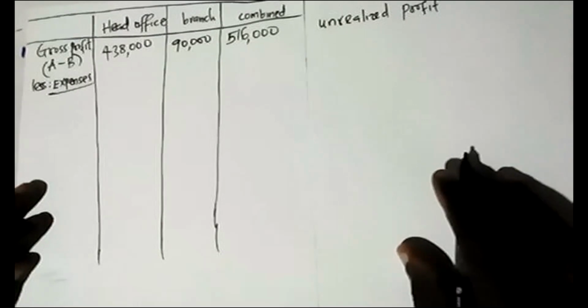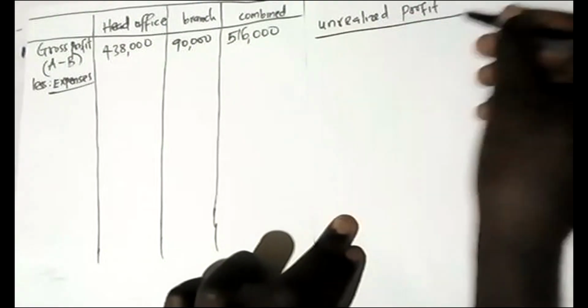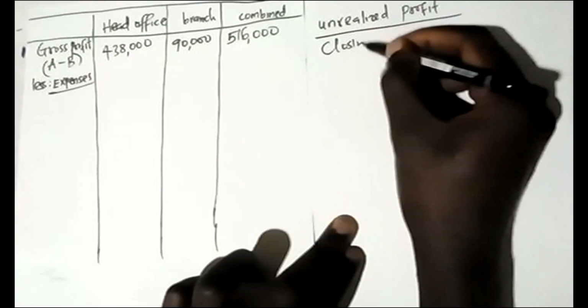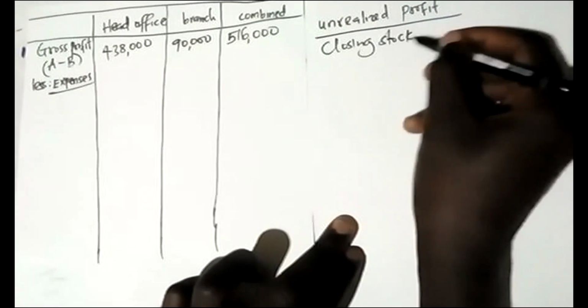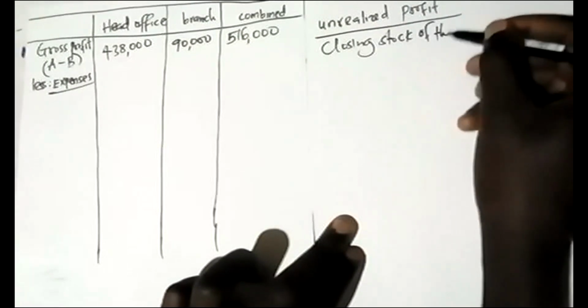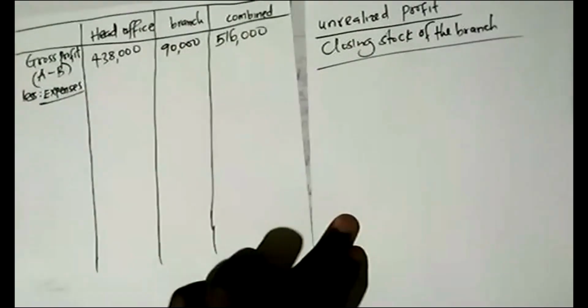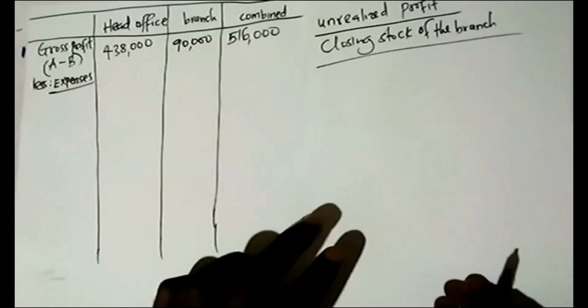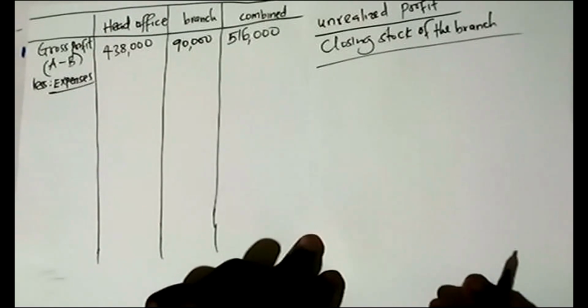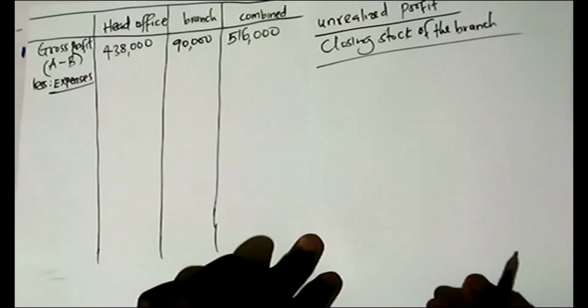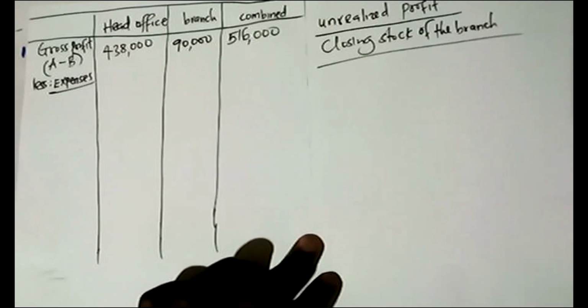of which I said unrealized profit, the first thing will be on closing stock of the branch. Because this stock was received from the head office at a profit, but the branch has not resold the entire goods. So which means that inside the unsold goods, we have some unrealized profit.